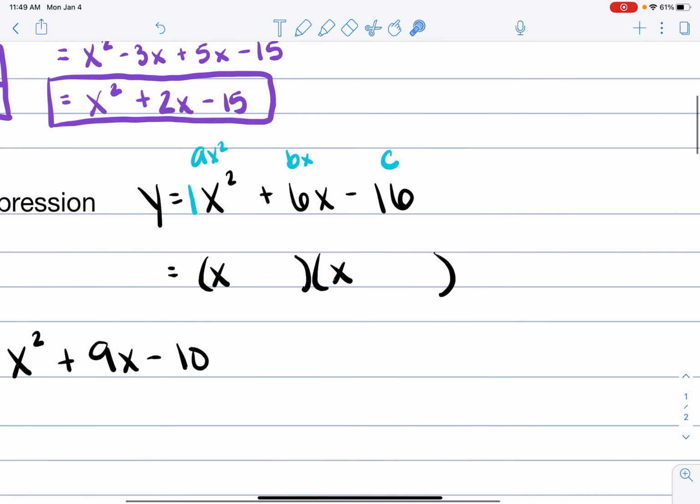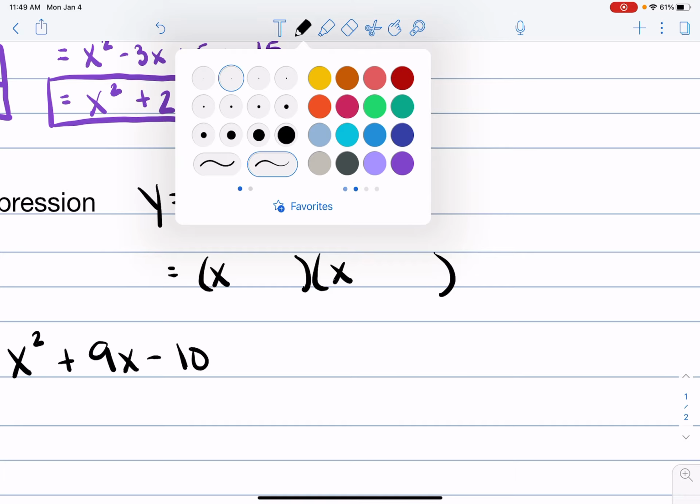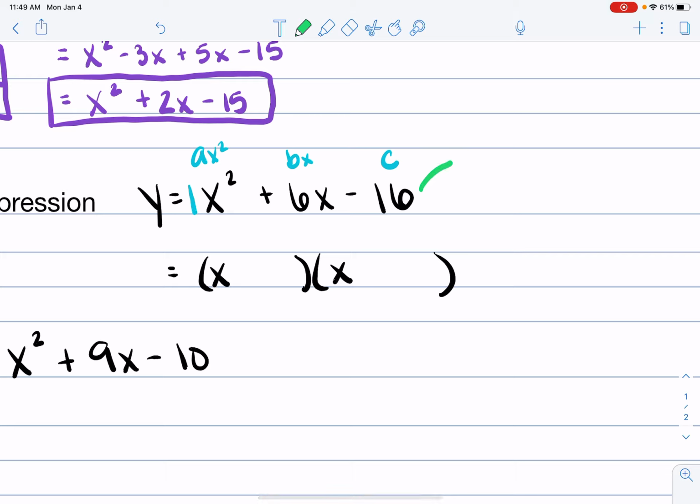Okay, so then we need to figure out what's going to go here and what's going to go here. So you think about what multiplies to be a negative 16 but adds or subtracts to be 6. So without worrying about that negative for a second, let's just list some of the factors of 16.